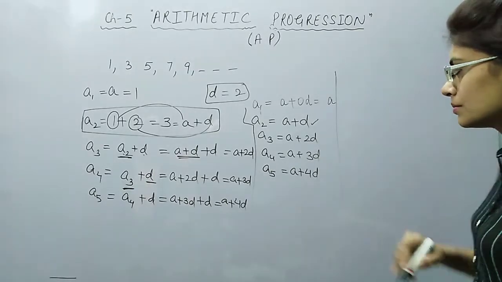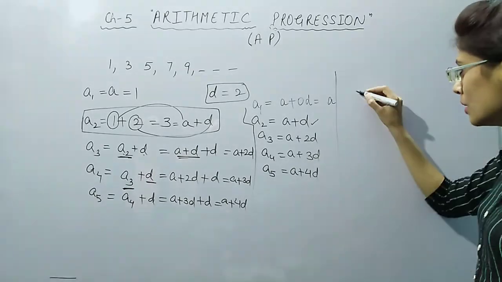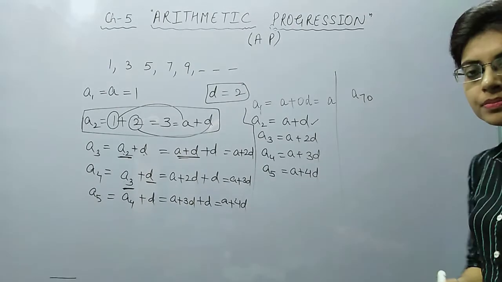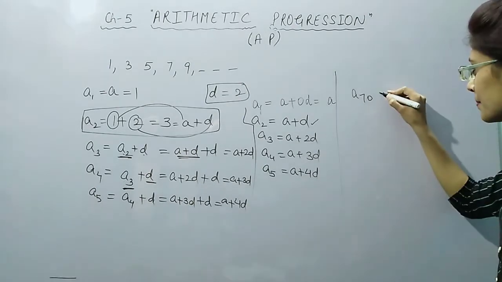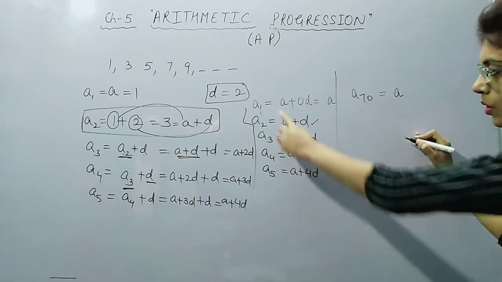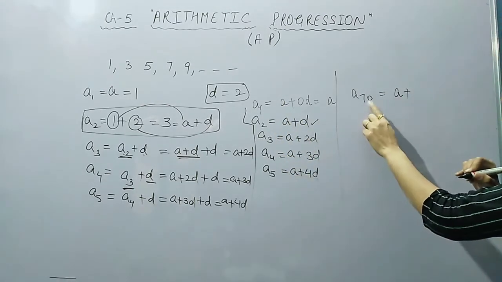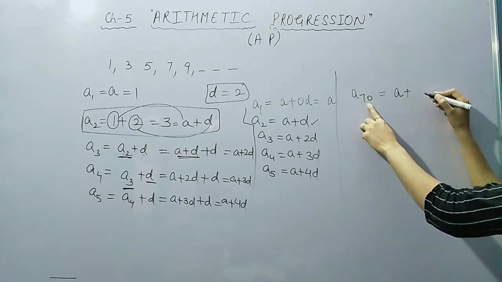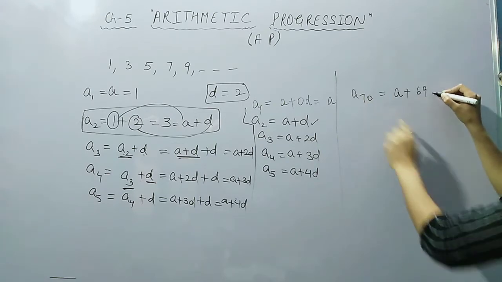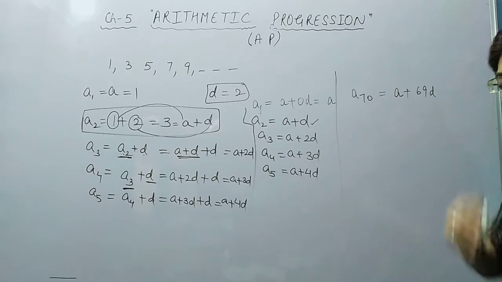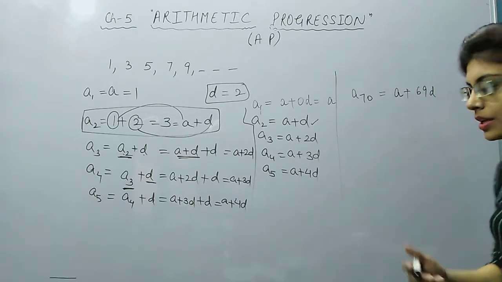Now suppose somebody is asking what will be a70. You can say easily that it is a, because a is common everywhere, plus 1 less than this: 1 less than 70 is 69d. So a70 will be equal to a plus 69d.